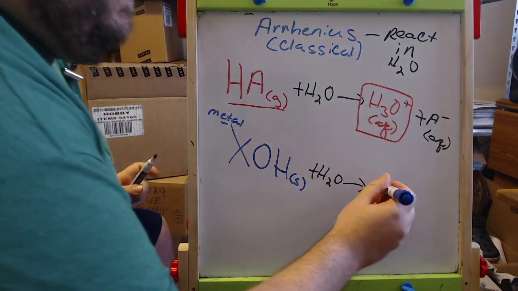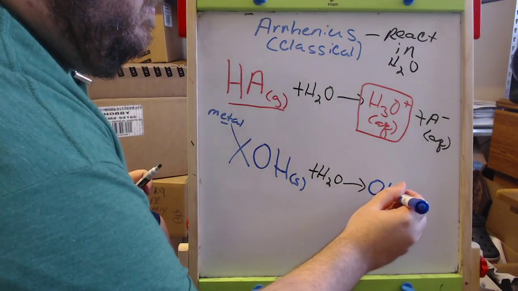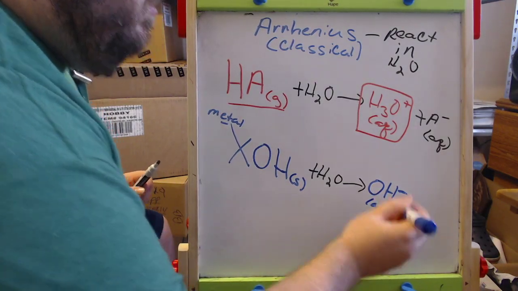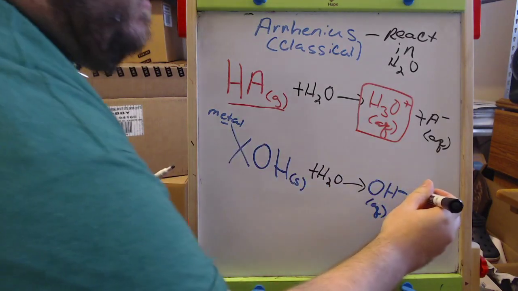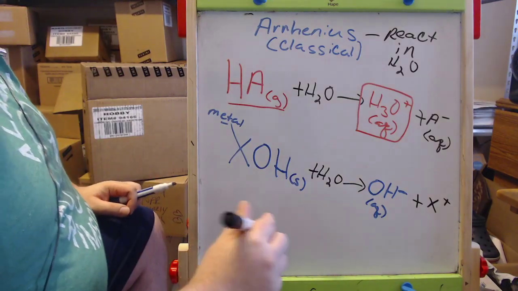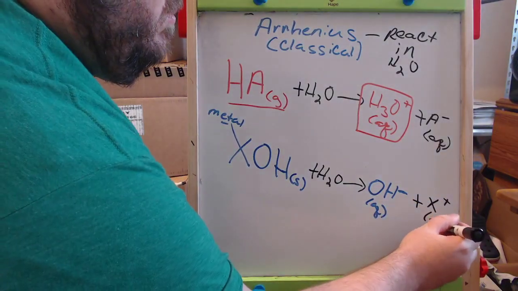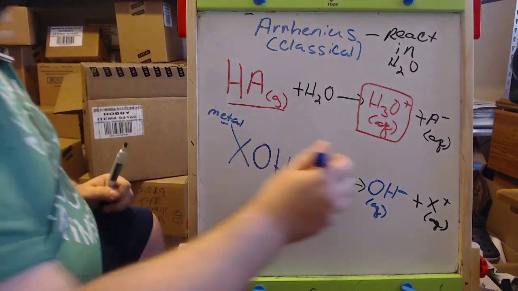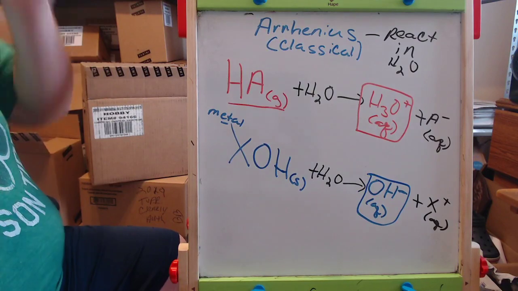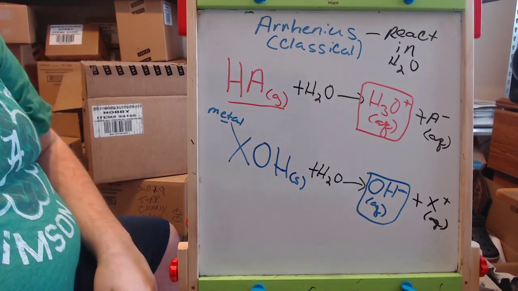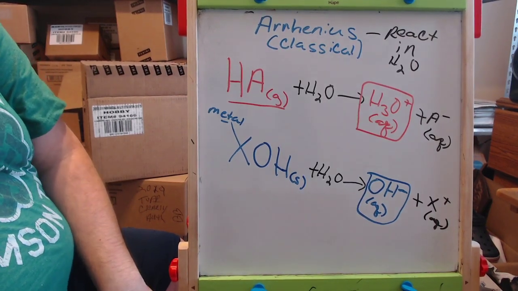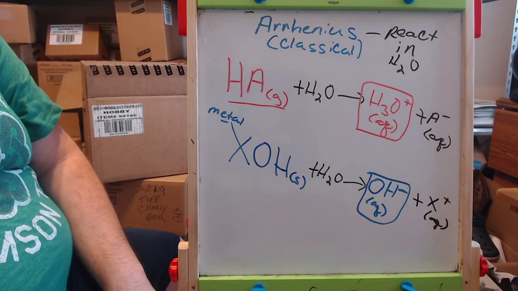And what's important here is that it dissociates in the water and creates hydroxide and whatever our metal is. So the classical definition for a base says when I place my base into water, it dissociates into a metal and a hydroxide.